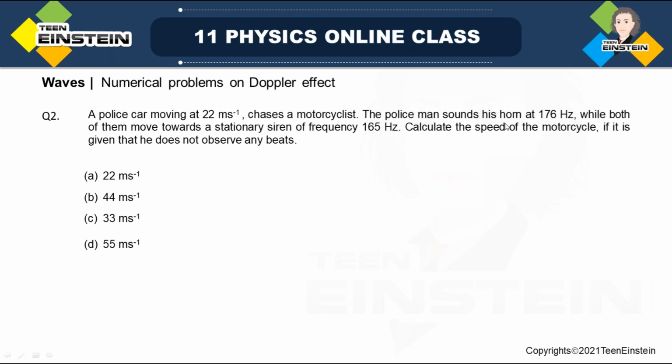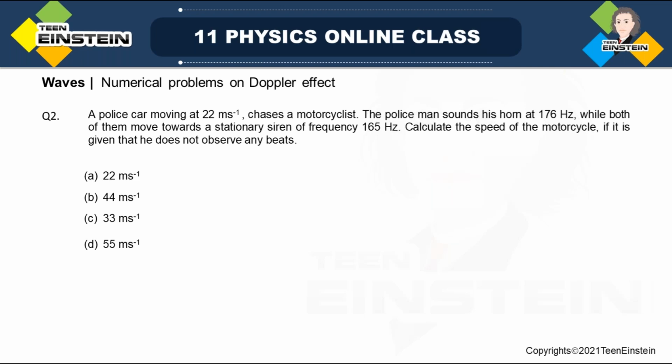A policeman sounds his horn at 176 hertz, while both of them are moving towards a stationary siren of frequency 165 hertz. Calculate the speed of the motorcycle if it is given that he does not observe any beats.